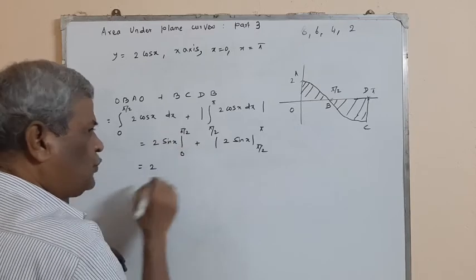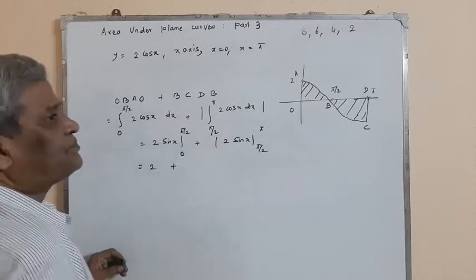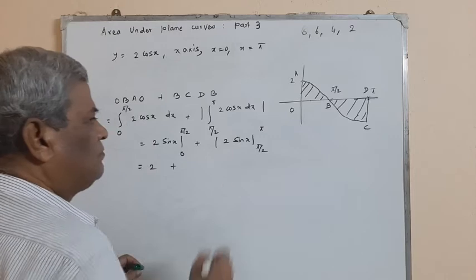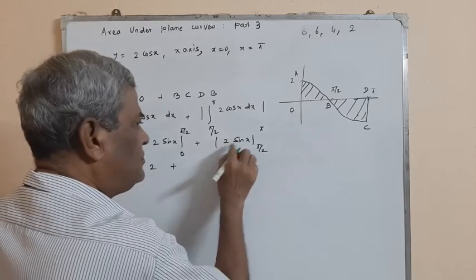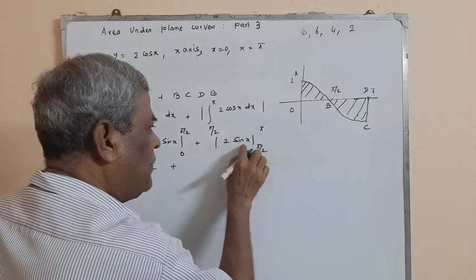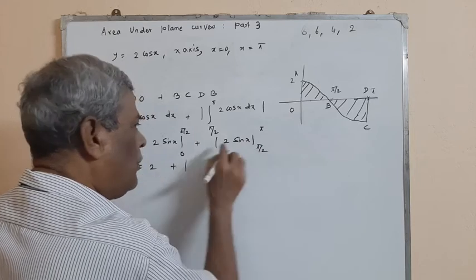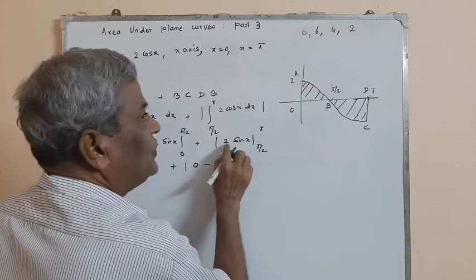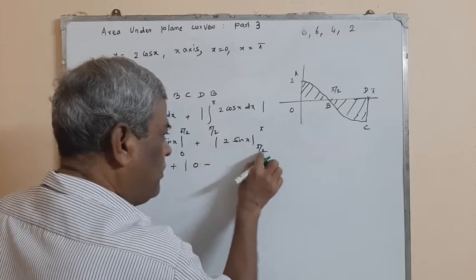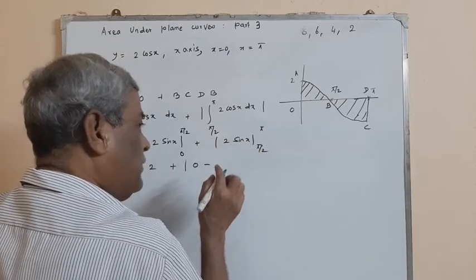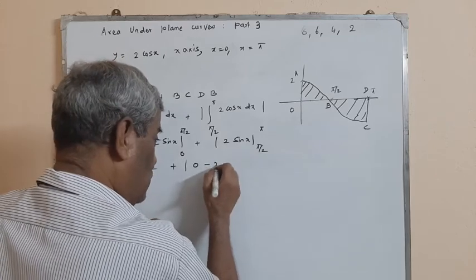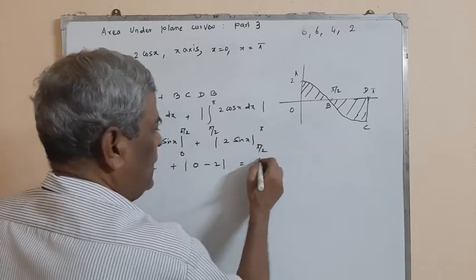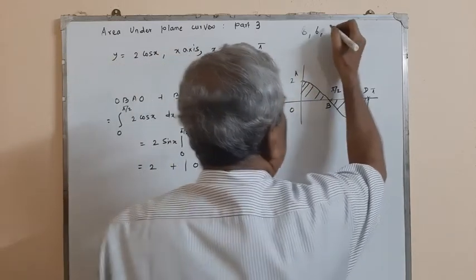So that part is 2, plus this one: mod of sin pi, which is 0, minus sin pi by 2, which is 1, so 2. So it is equal to 2 plus 2, that is 4. So 4 is the answer.